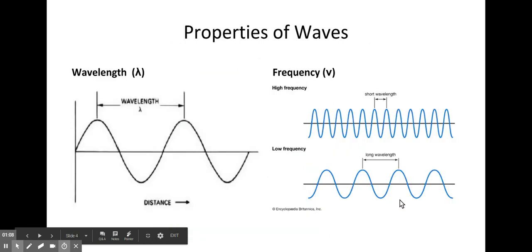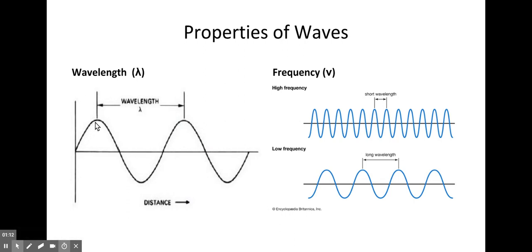Now all of these waves have certain properties, and the 2 that we're most concerned with are their wavelength, which is the distance between 2 equidistant or equivalent points on a wave, and also the frequency, which is how many waves can pass a given point every second.